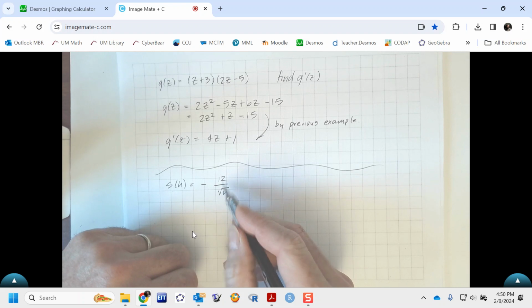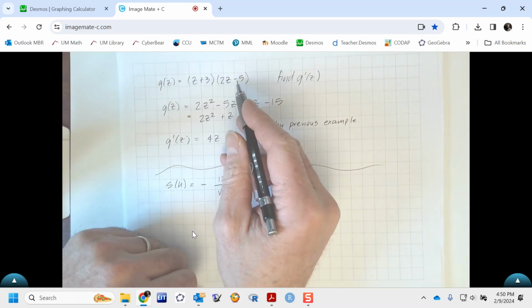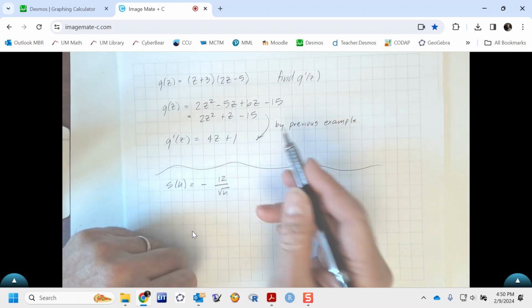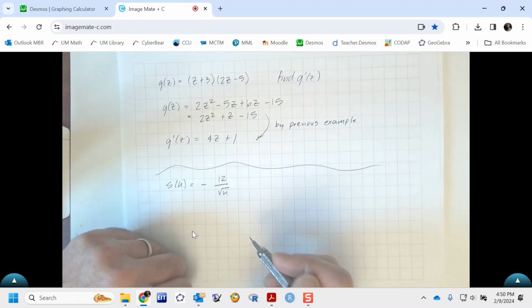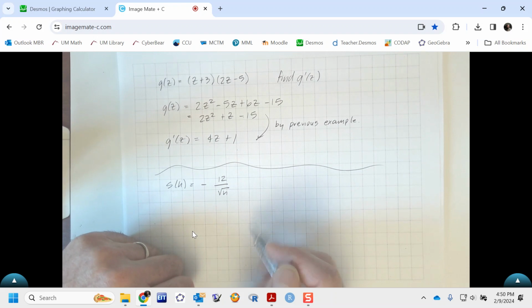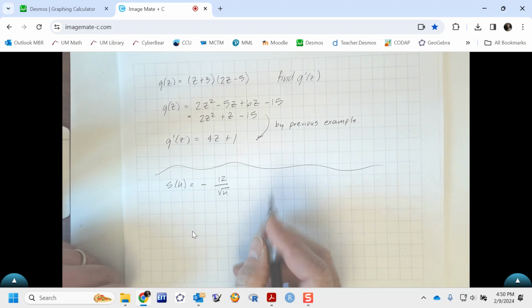So we have this quotient type of situation. A lot like above, where I had a product and didn't have a product rule, I need to put it in a different form so that I can use the tools I have. You should be thinking the same thing here. If I could write it in some form where I could use the tools for differentiation available to me, then I should be able to find an answer.